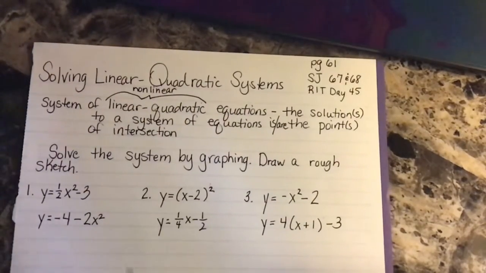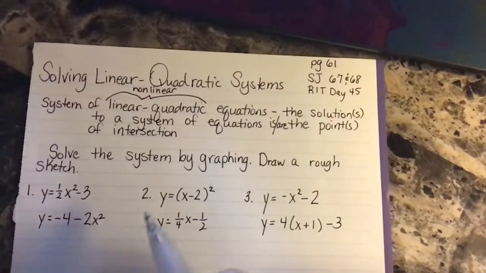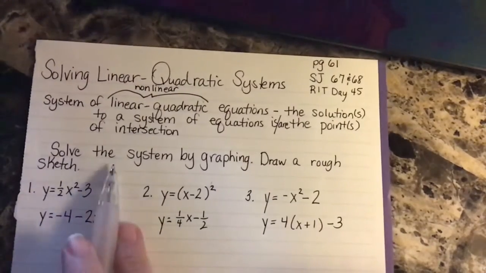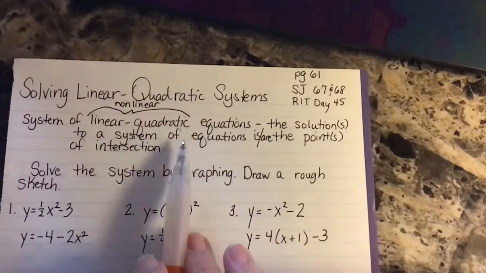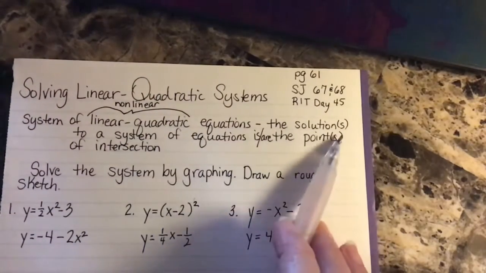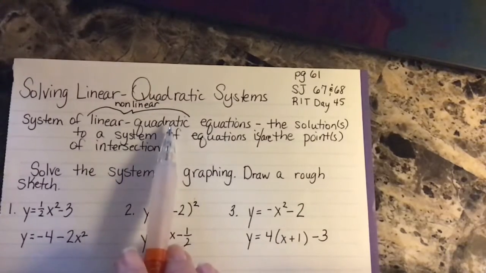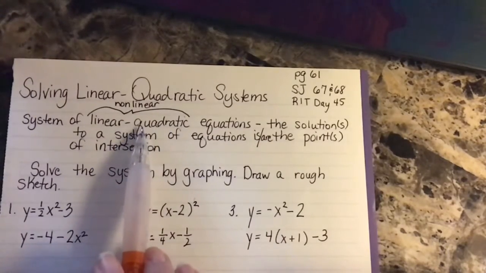Okay, we're going to solve this first one. y equals 1/2 x squared minus 3, y equals -4 minus 2x squared. We're going to draw a rough sketch. I want you to remember that the solution or solutions to a system, because this isn't just two linear equations where you'll have one solution, there could be more than one solution.